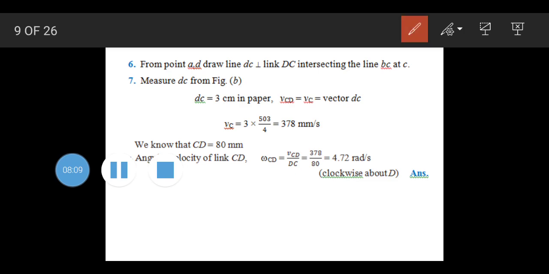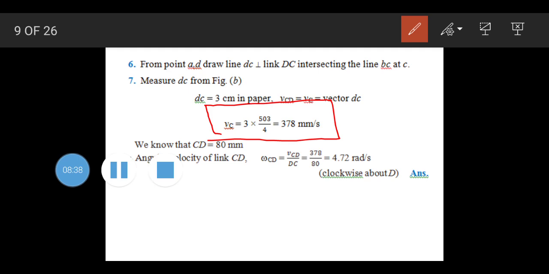So I divide by the scale value. 503 was the value, divided by the scale I have taken, 4 centimeter, in order to get the value in real units, that is in mm per second. So this is how I have obtained the velocity of the link CD.